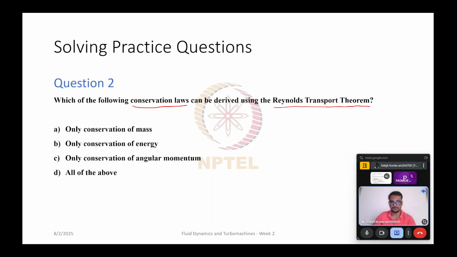Okay, let's take a quick look at the solution. It's actually option D, all of the above.